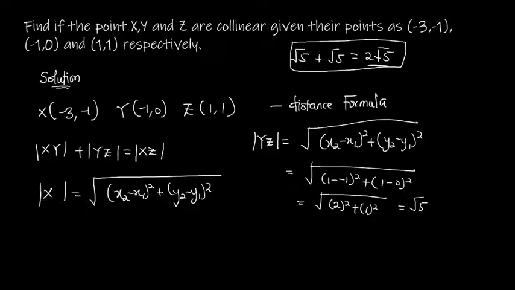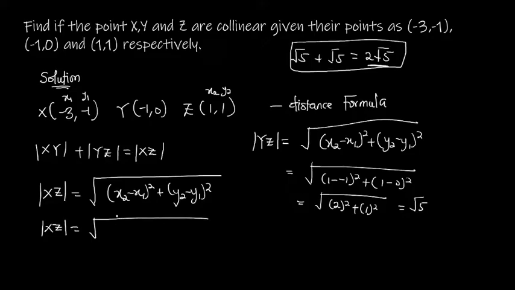Okay, so the distance xz will also be equal to the root of x2 minus x1 squared plus y2 minus y1 squared. Now because my x is the first point over here, the coordinates here become my x1, my y1, and because the second point is z, this becomes my x2, y2.